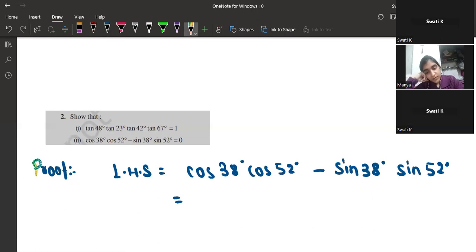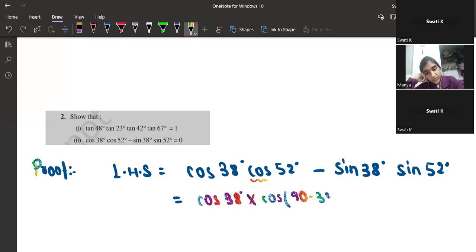Cos 38 will remain the same. Okay, you want to keep cos 38 as it is. I'll keep that as it is. Then into cos. अभी चेंज नहीं करेंगे मान्या. cos को पहले cos ही रहने देंगे और 52 को पहले चेंज करेंगे in terms of 90 minus 38.